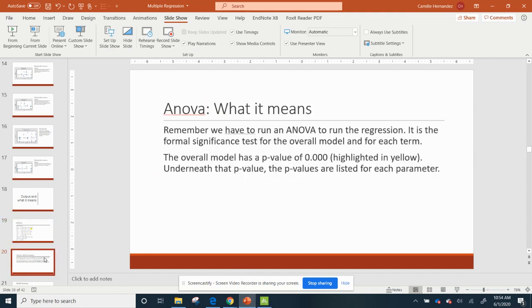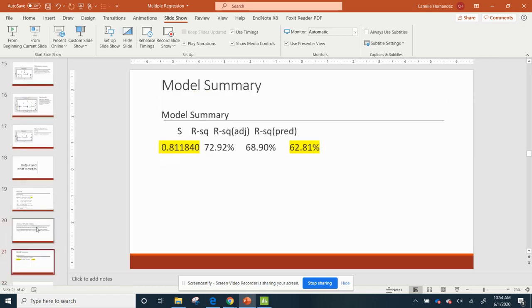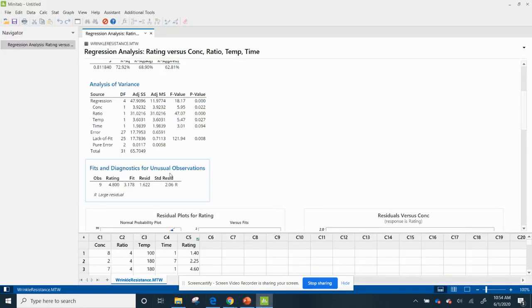So remember, I think we did talk about this in linear regression. Anytime you run a regression, you run an ANOVA. So the overall model had a p-value of 0, which is great. So that means something's going on. All right, so the next part is my model summary, and I'm going to go look at this.